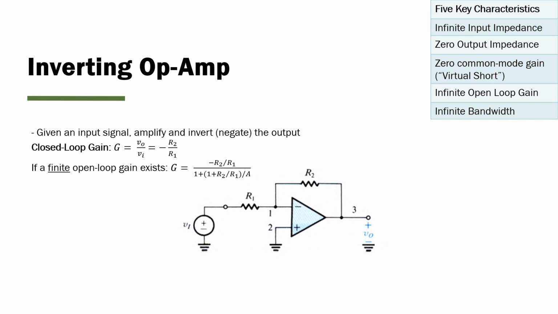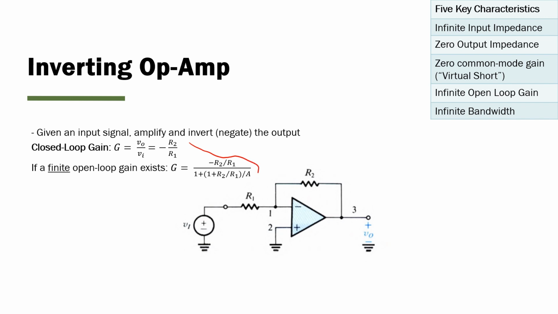Okay, let's discuss the inverting op-amp, and we're going to show how these 5 key characteristics apply to it. The purpose of an inverting op-amp is to take an input signal, amplify it, and invert or negate the output. I'll return to these closed loop gain things in a second, but first I want to focus on the key characteristics.